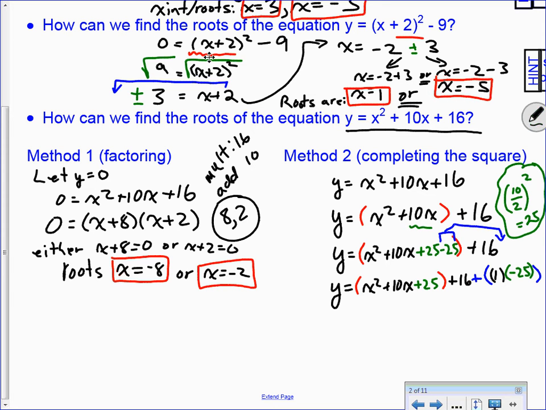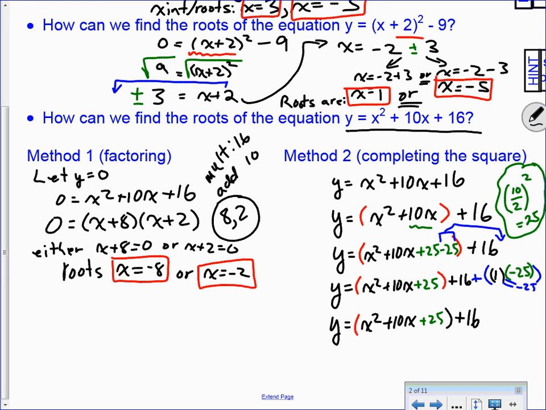Now, doing so, what you're left with is y is equal to the following. x squared plus 10x, and we're still going to have the plus 25. And then we're going to have plus, well, this part here, this blue part here is going to equal negative 25. So let's just put that down on the next line.